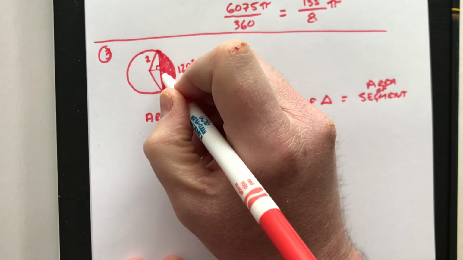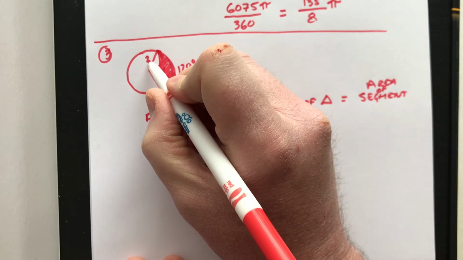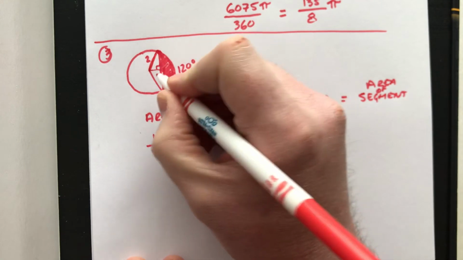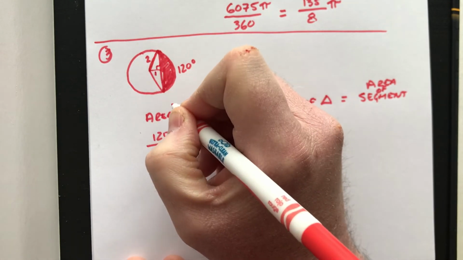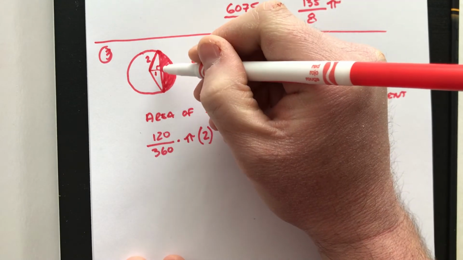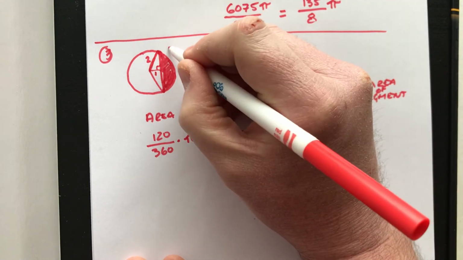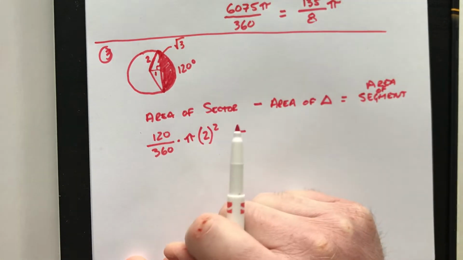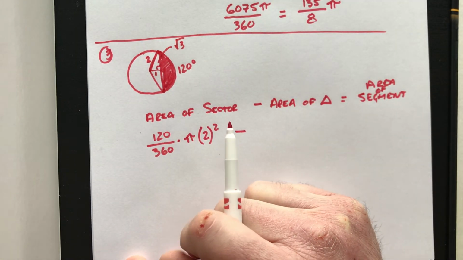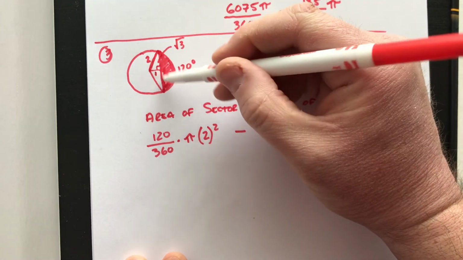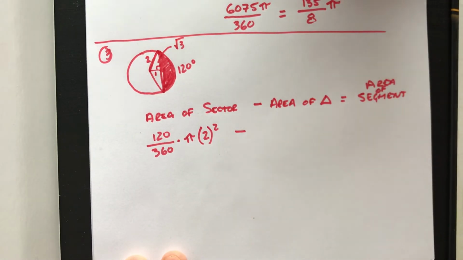If our hypotenuse of a 30, 60, 90 is 2, that means the shorter leg is half of that, which is 1. And then the longer leg is 1 times the square root of 3, or just square root of 3. So to figure out the area of this triangle, it's 1/2 base times height.